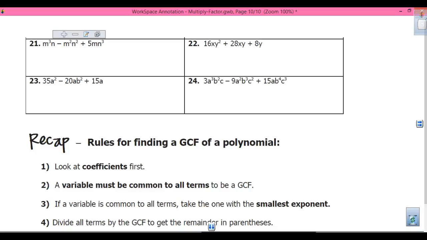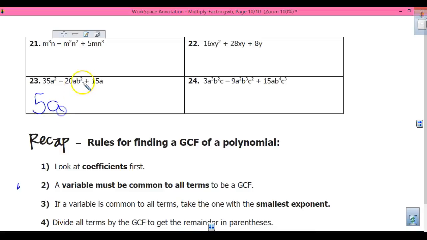everybody do number 23. All right, out of my coefficients is 5. All right, a squared, a, and a. What's the highest a I can take out? Just the a, yep.